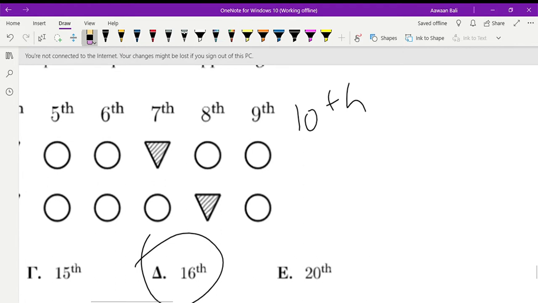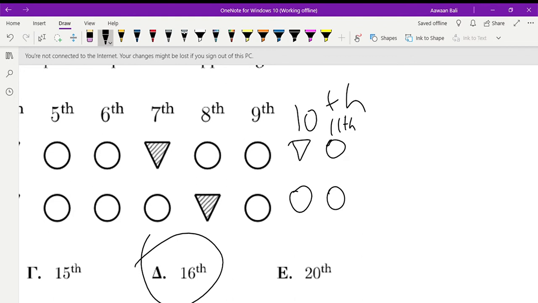So now if we're going to the 10th one, we know there's a pizza, but there's no pizza here. Again, pizza, a circle, and then we have pizza, but we have a circle here. Then we have a circle, but there's a pizza.